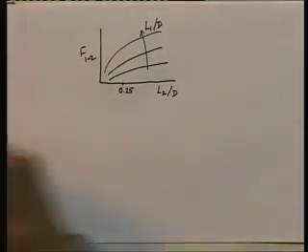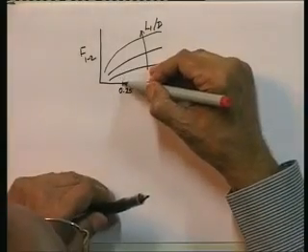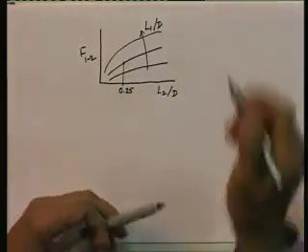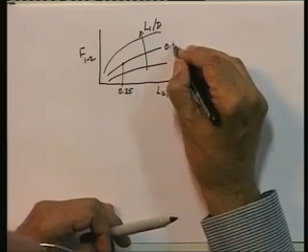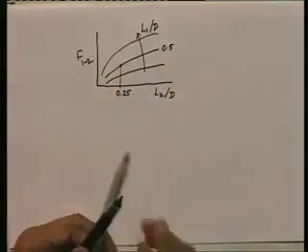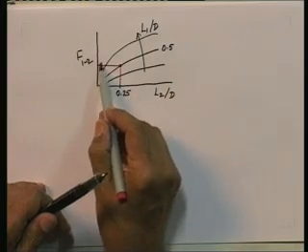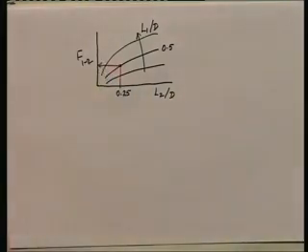Go up vertically to the graph corresponding to L 1 by d equal to 0.5, then go horizontally, and this is our value of f 1 to 2.